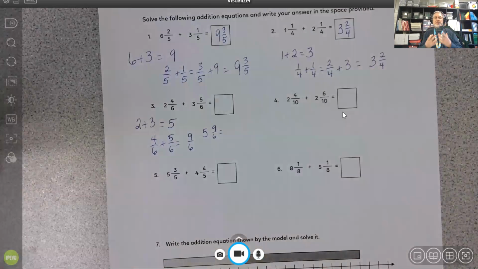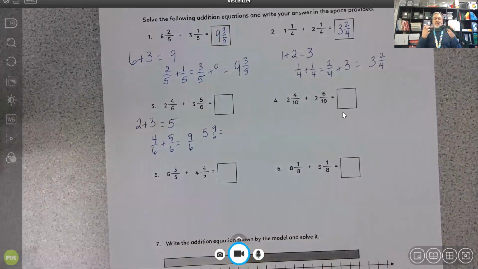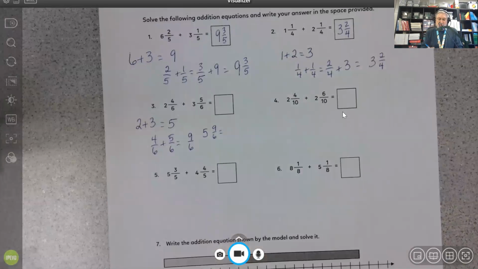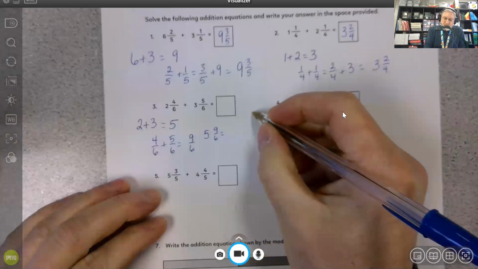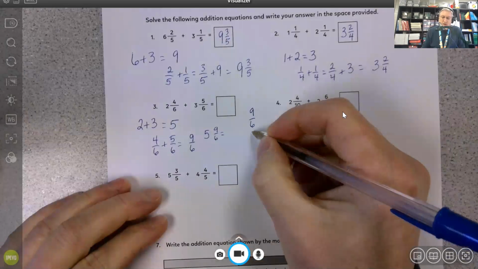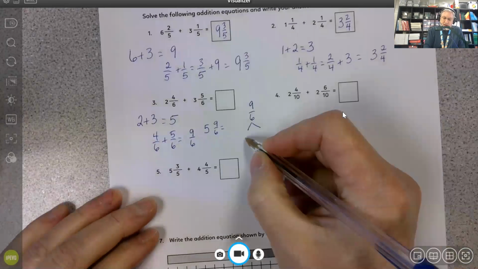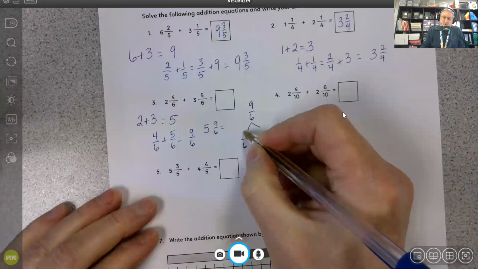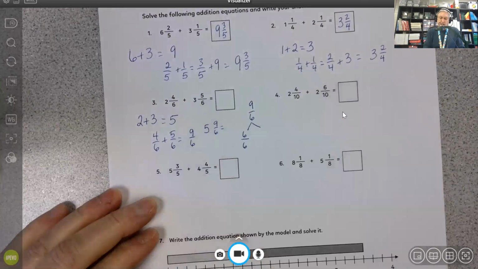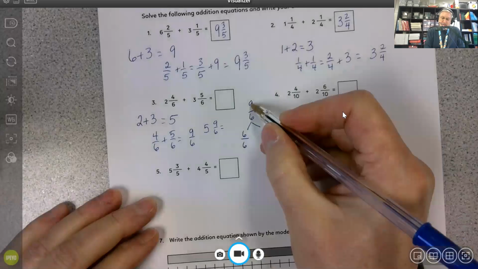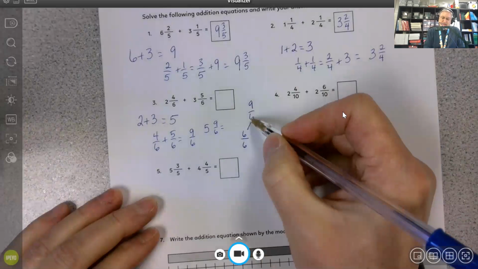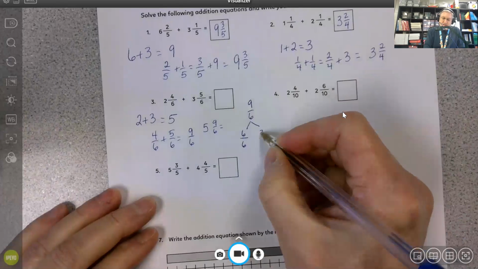Remember when we used the number bond for this? We were able to take 9/6 and pull out a whole number. If I have 6 in my denominator, then I have 6 in my numerator because that makes a whole. And then 9/6 minus 6/6 equals 3/6.